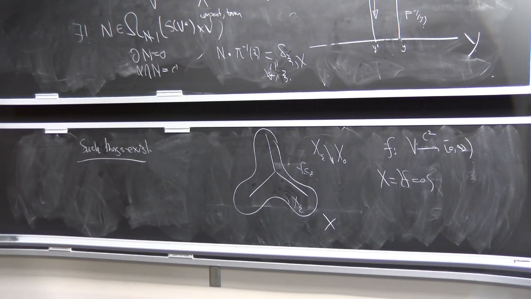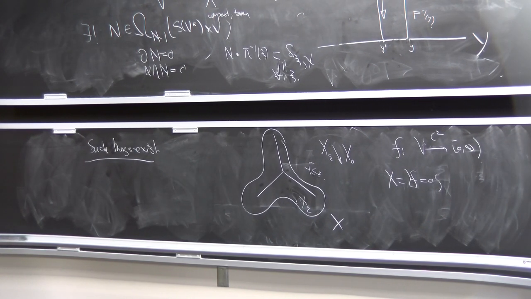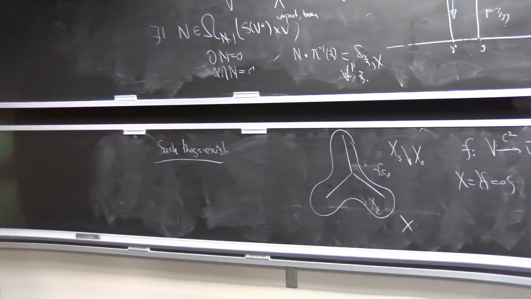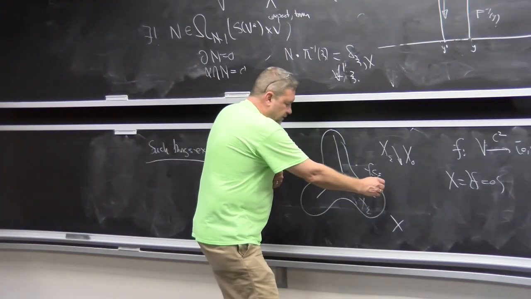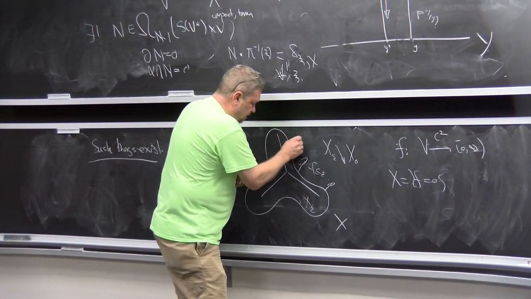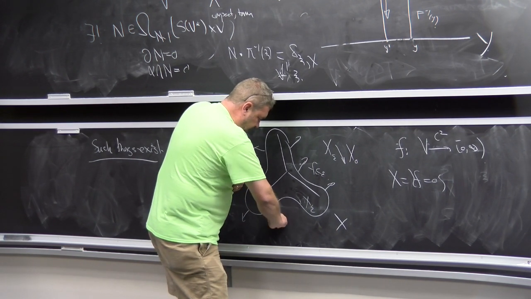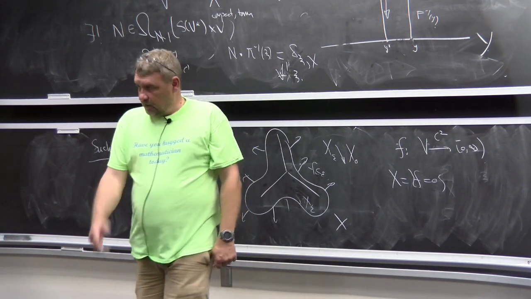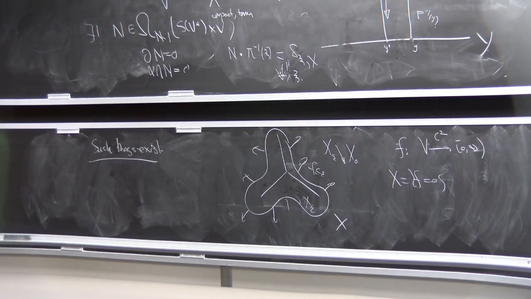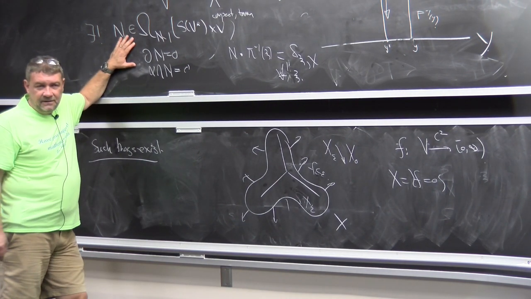So X epsilon has such a normal cycle. What is it? It's just the graph of the Gauss map. It is a current, and as epsilon goes to 0, this converges to a current satisfying all these properties.